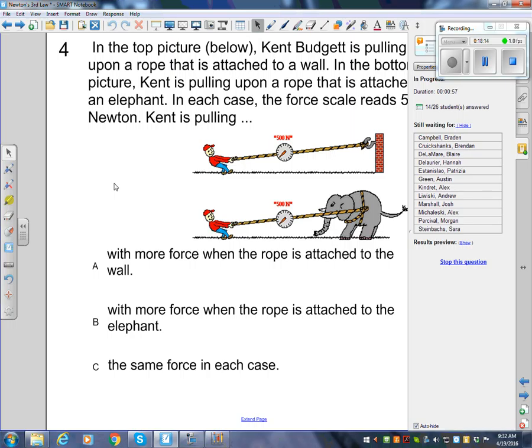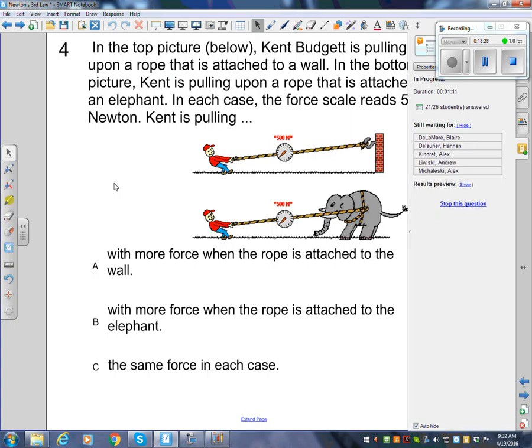What do you think? More force when it's attached to the wall, more force when it's attached to the elephant.